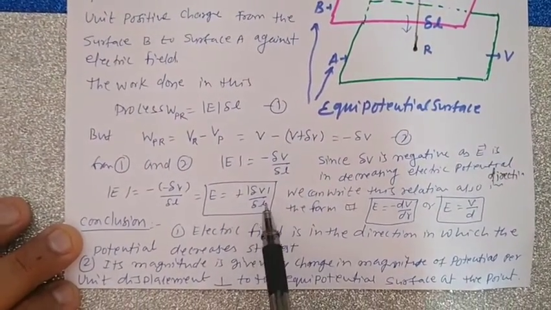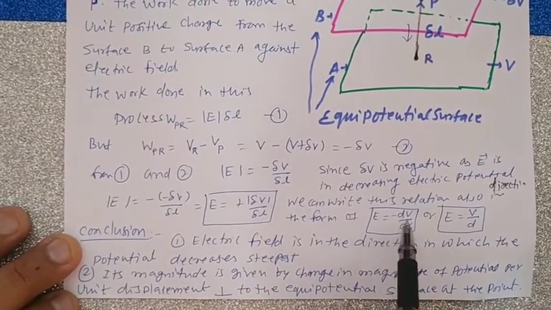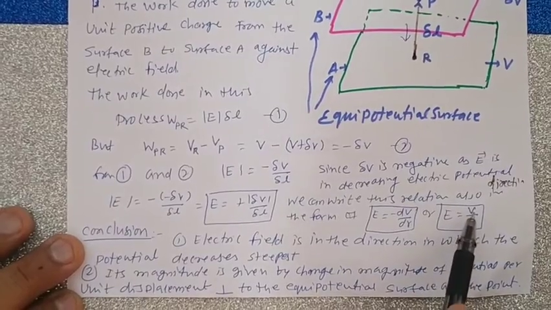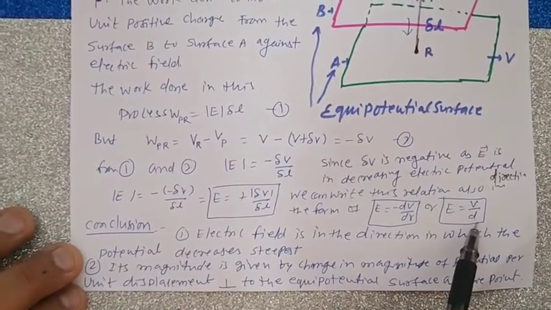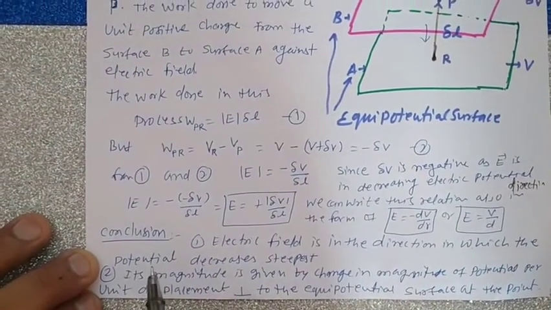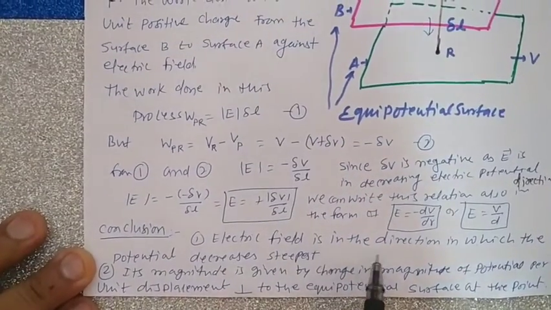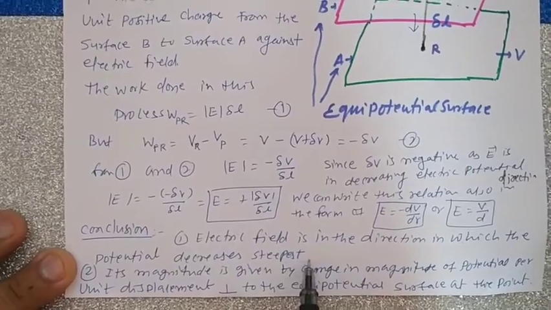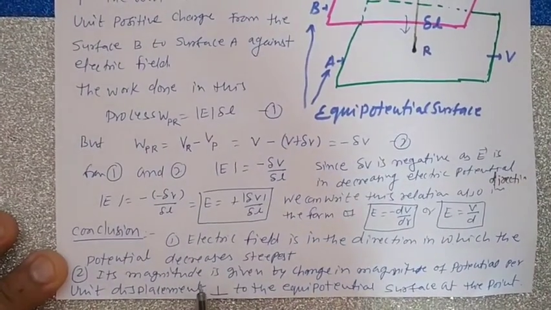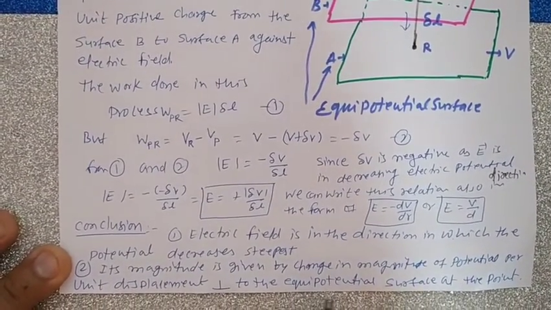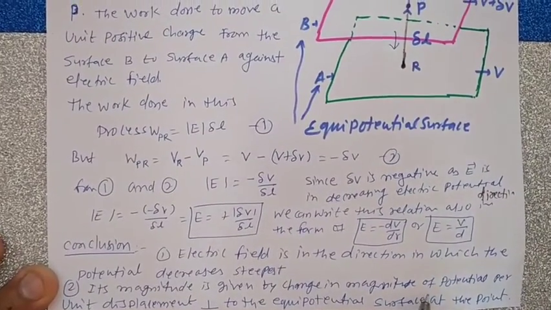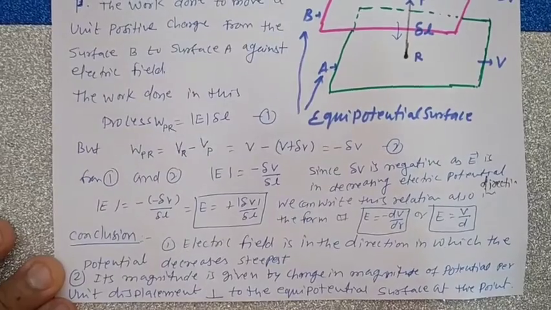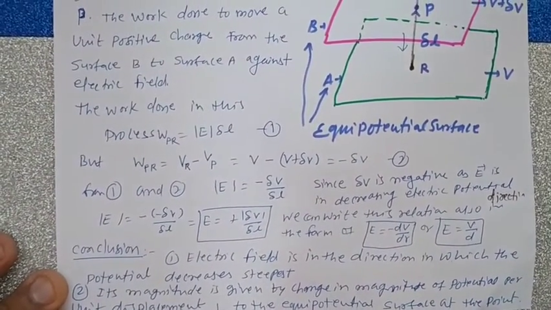We can write this relation in other form as E equals minus dV upon dr, or in form of magnitude E equals V upon d. Important conclusion of this relation: electric field is in the direction in which potential decrease is steepest. Its magnitude is given by the change in magnitude of potential per unit displacement perpendicular to the equipotential surface at the point.